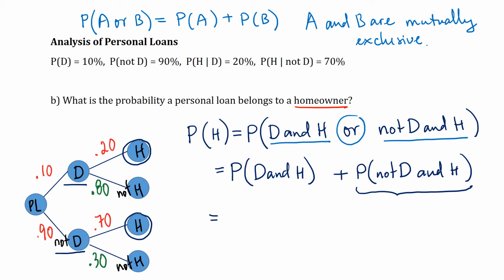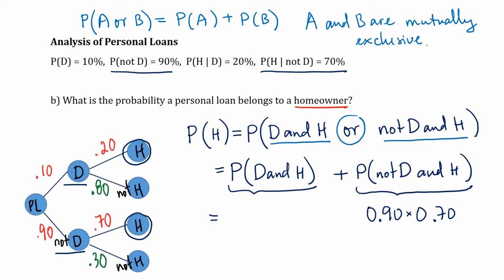So probability of not D and H using the multiplication law is the product of these two probabilities. Probability of not D times probability of H given not D. So once again, it's 0.9 times 0.7. In a similar way, we can also find this probability using again the multiplication law.